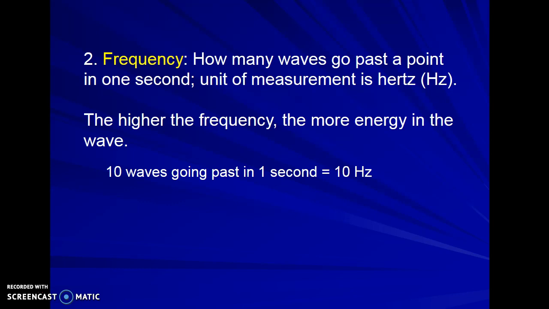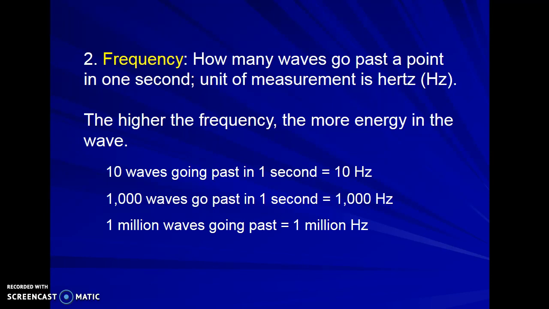So for example, if 10 waves go past in 1 second, that means my frequency is 10 hertz, 10 waves per second. If I have 1,000 waves go past in a second, that means my frequency is 1,000 hertz or 1,000 waves per second. And if I have 1 million waves go past in a second, then that means my frequency is 1 million hertz or 1 million waves per second.